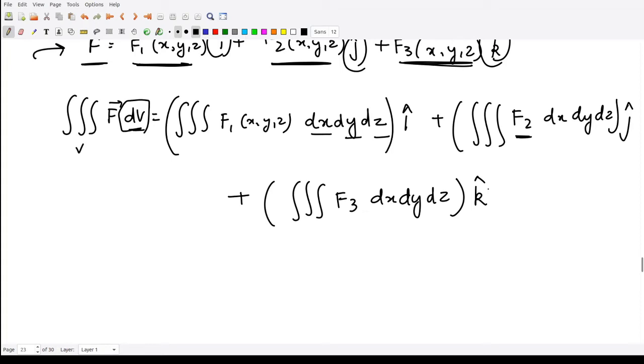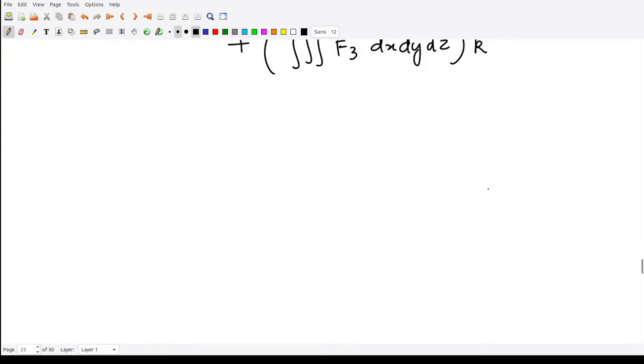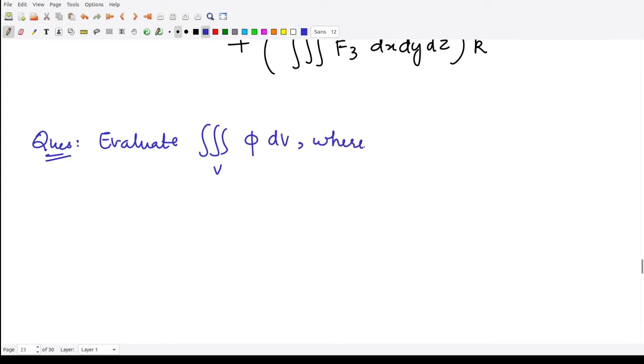Now to understand this concept clearly, let's have a look at one question. The statement here says: evaluate the volume integral of the function phi, where this phi is defined to be 45 x square y.